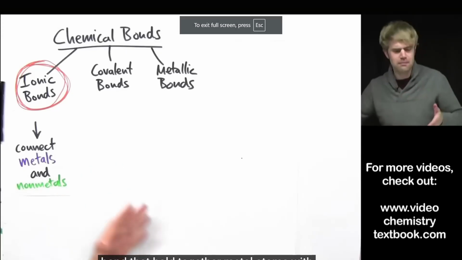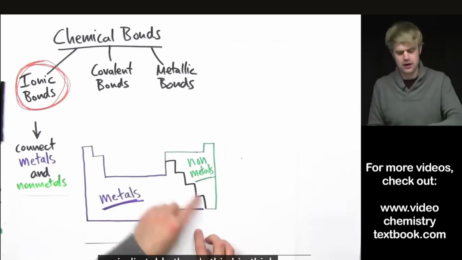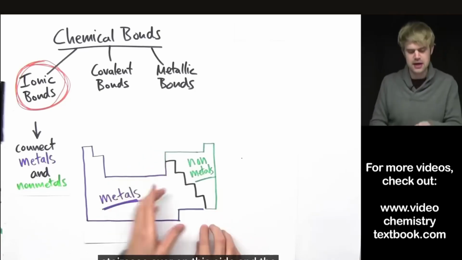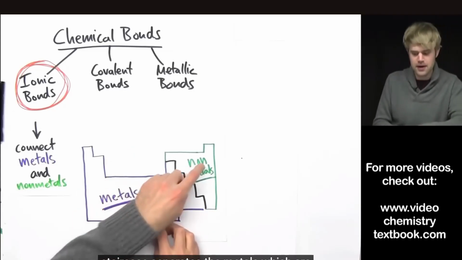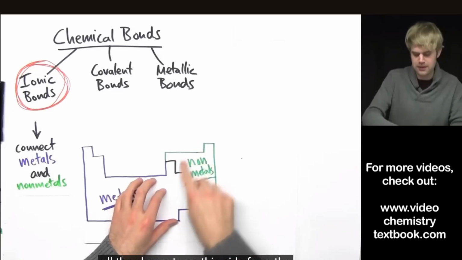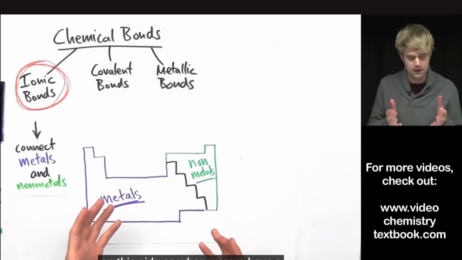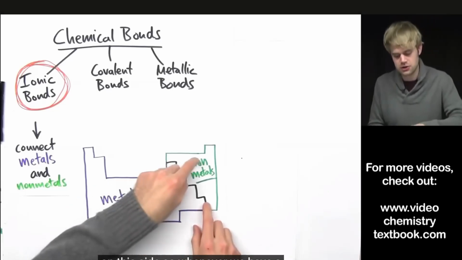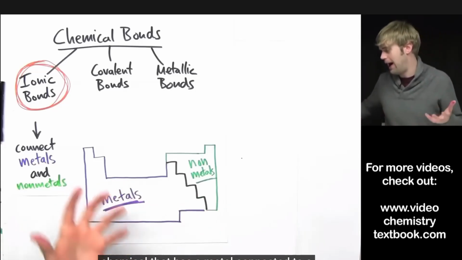If you look at a periodic table, there's this big, thick staircase over on this side. This staircase separates the metals, which are all the elements on this side, from the non-metals, which are most of the elements on this side. So whenever we have a chemical that has a metal connected to a non-metal, that's held together by ionic bonds.